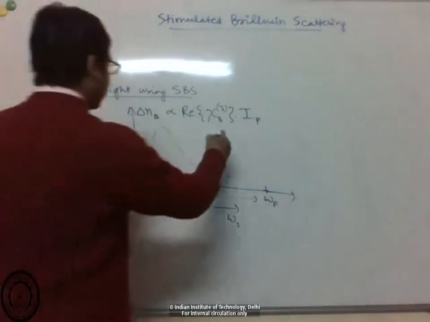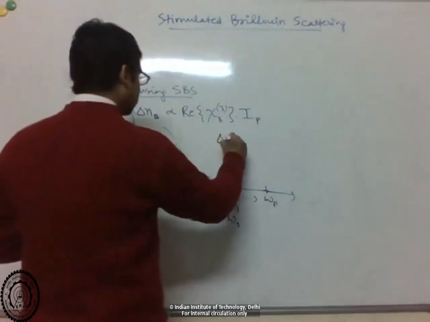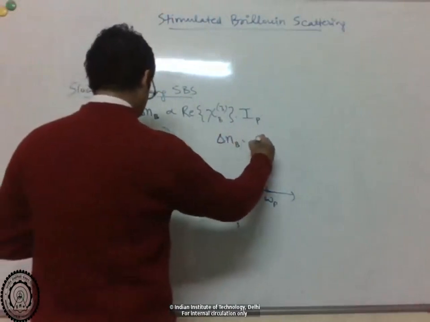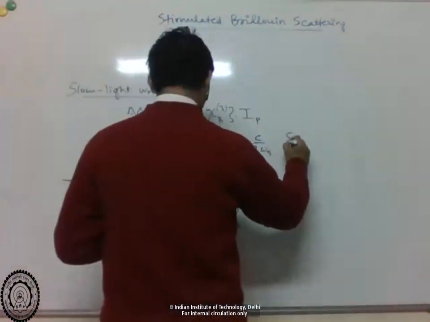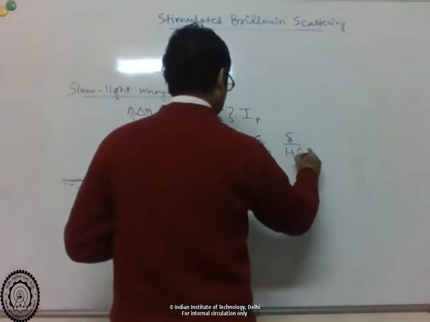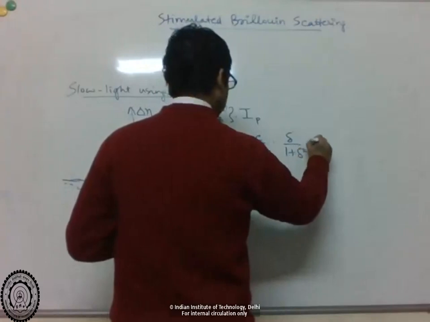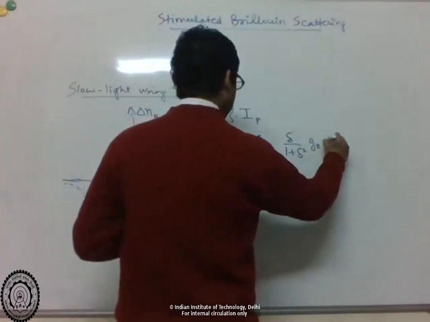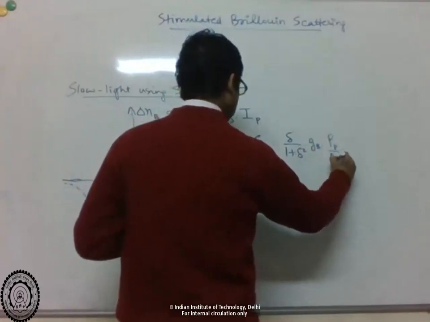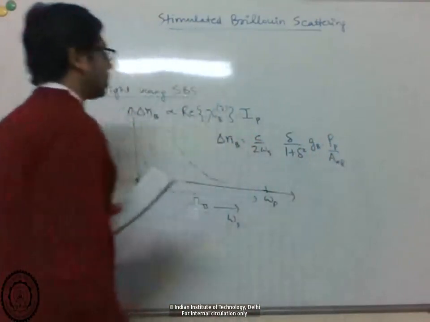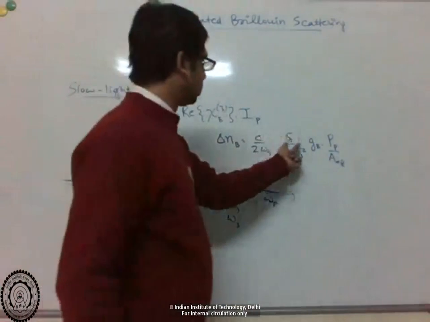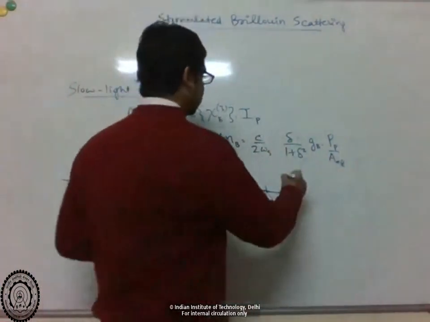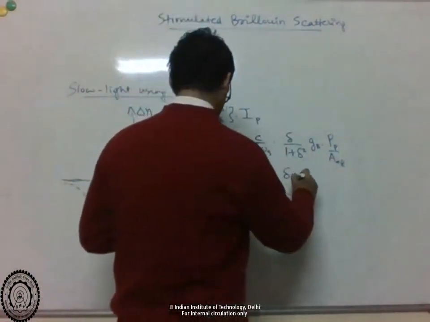Specifically, I can write this index change, and this shape is given by this function of delta, where delta is a normalized detuning.